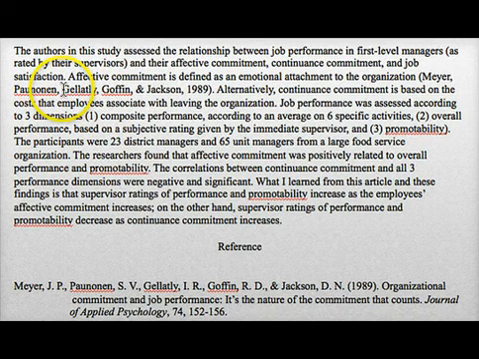So they said effective commitment is defined as an emotional attachment to the organization. And then there, you'll notice here, they've included a citation. So they're summing up the information from the article and citing the authors here. So Meyer, Pononen, Gellatley, Goffin, and Jackson, 1989.